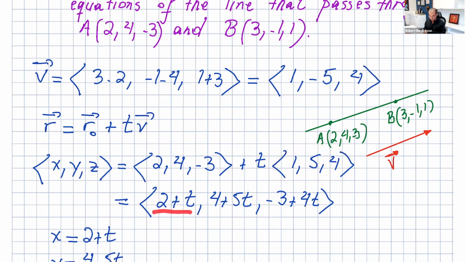Then the x component is 2 plus 1 times t, which is 2 plus t. The y component is 4 plus t times 5, which is 5t. And finally, the z component is -3 plus t times 4, which is 4t.